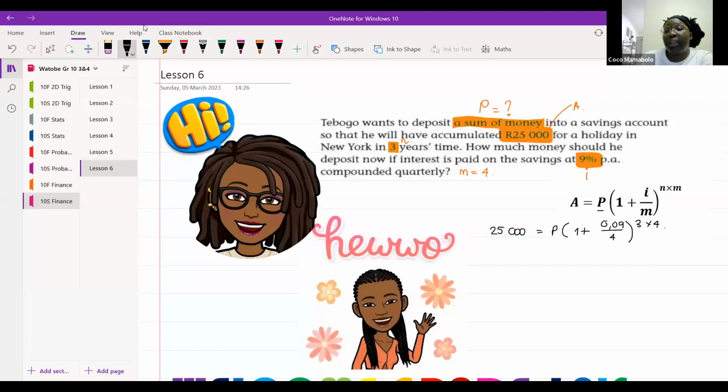And now that I want P on its own, I'm going to divide both sides by 1 plus 0.09 over 4 to the power of 4, and I'm going to do the same.